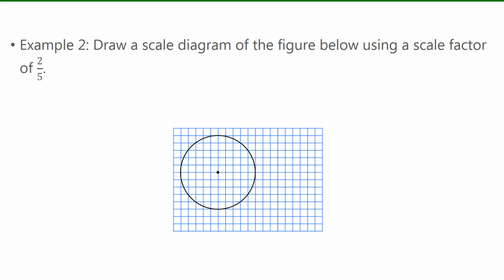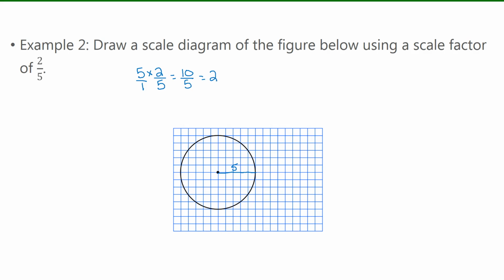So I'm going to find the radius of the circle, which is 1, 2, 3, 4, 5 units. So I can calculate the radius of my scale diagram. Now 5 times 2/5 is going to give me 10/5, which is 2.